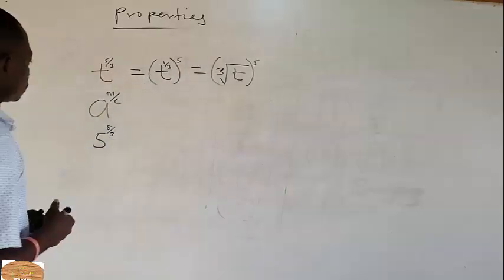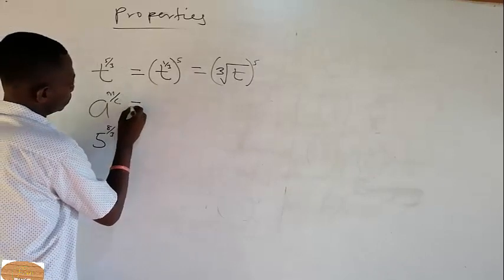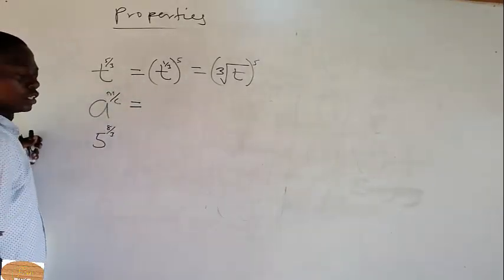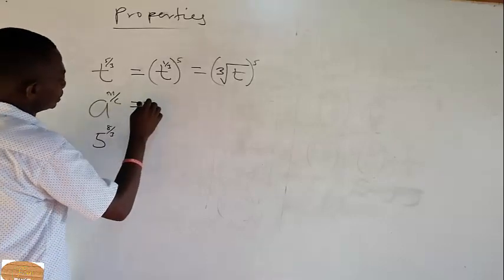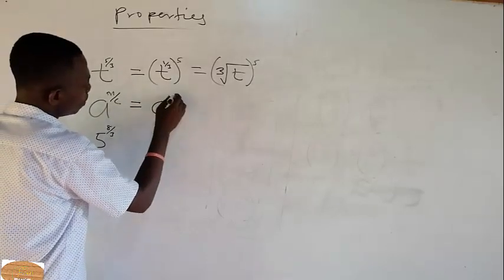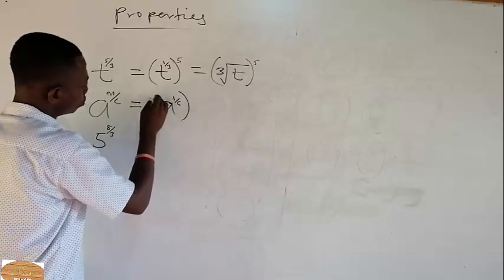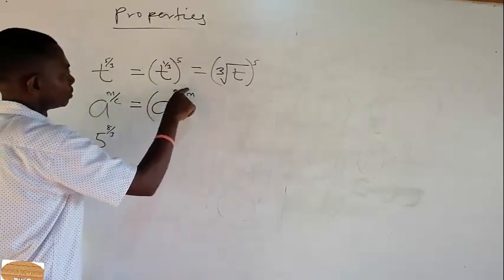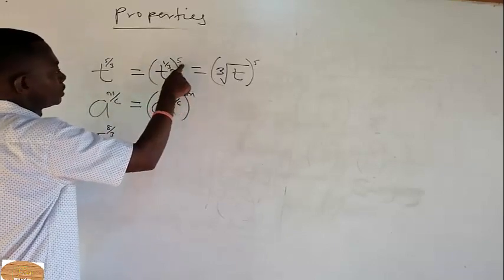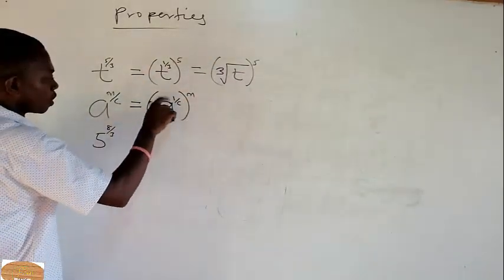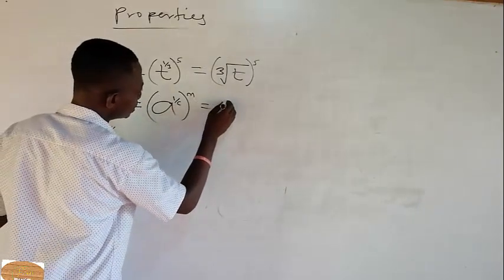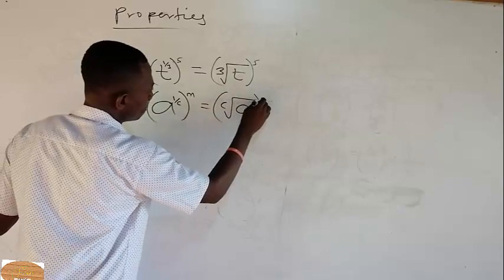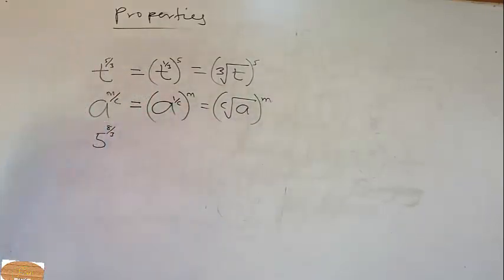Now, m over c is the same as a to the power 1 over c, all to the power m. You see the top one always comes out. So 1 over c is the same as the c-th root of a, all to the power m. I hope we are getting it.